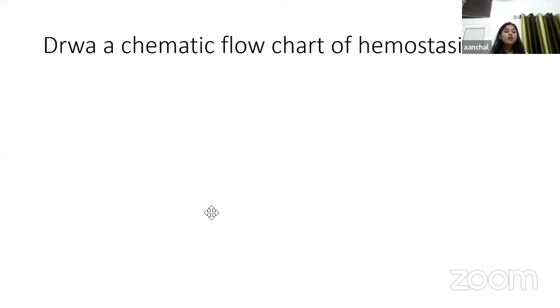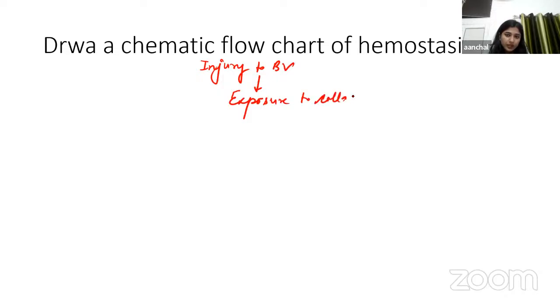Then, draw a flow chart of hemostasis. The whole process of hemostasis we have already discussed, and we also know the various stages. Whenever there is injury to a blood vessel, what will happen? There will be exposure to collagen, and there will be adherence of platelets.